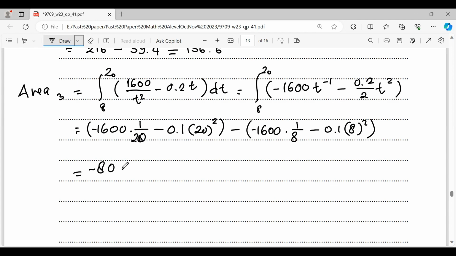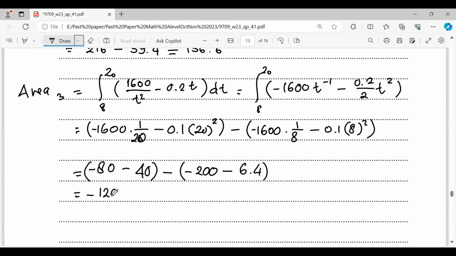Minus 80 minus, this is 400 times 0.1, it means 40. Minus, this is, of course, minus 200. Minus 64 times 0.1, 6.4.